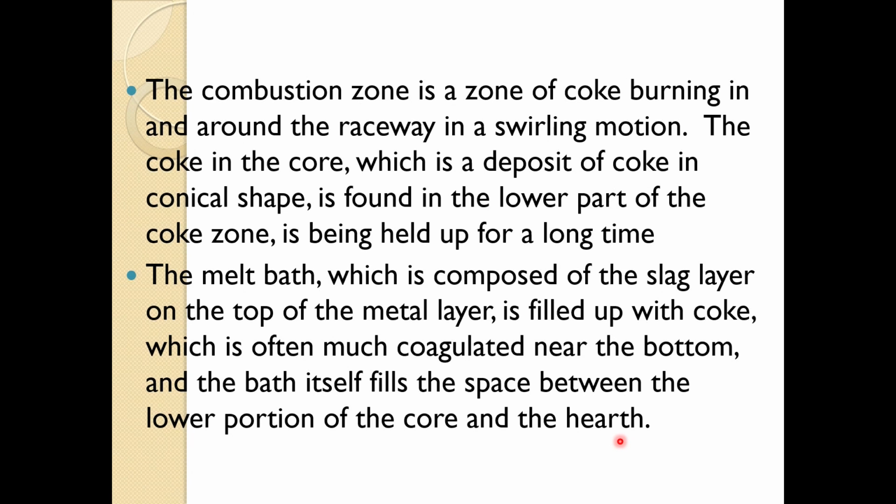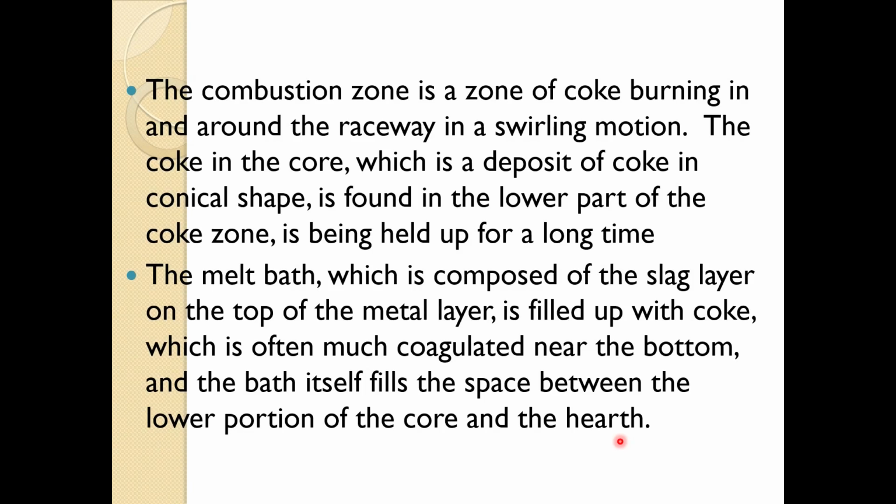When metal production is more and sometimes lots of metal is there in the hearth, this dead man floats on the liquid iron, because liquid iron density is about 7000 kg per meter cube, and the coke density is very low, about 800 or so, or in fact the bulk density could be 500-600.